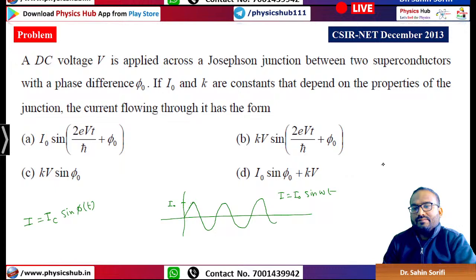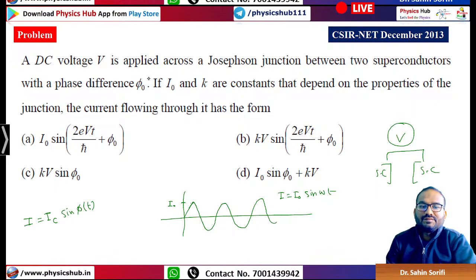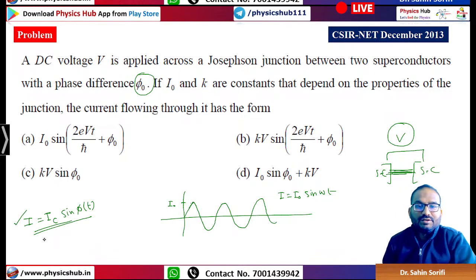You are applying voltage V with a phase difference of phi naught. Then the current flowing through this link varies as I equals to Ic sine of phi naught plus omega t, where omega is equals to 2 electron volt by h cut.